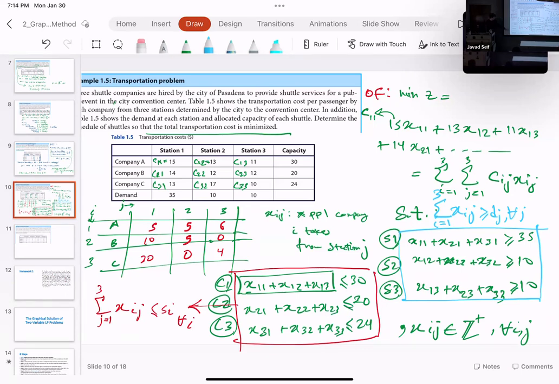Summation, j goes from 1 to 3, x i j less than or equal to s i, for all i.